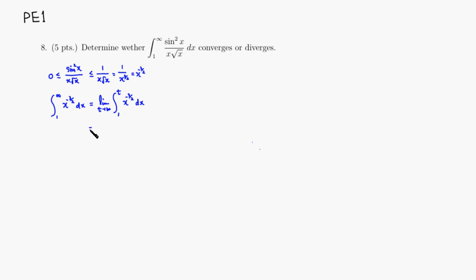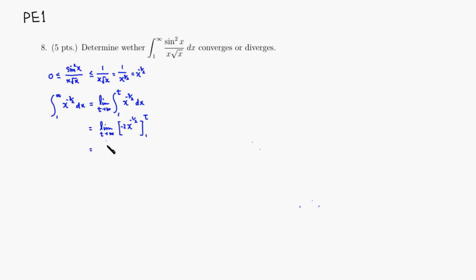So this is going to be equal to the limit as t approaches infinity. The antiderivative is to add 1, so you have x to the negative 1/2 divided by negative 1/2, which is multiplied by negative 2, going from 1 to t.